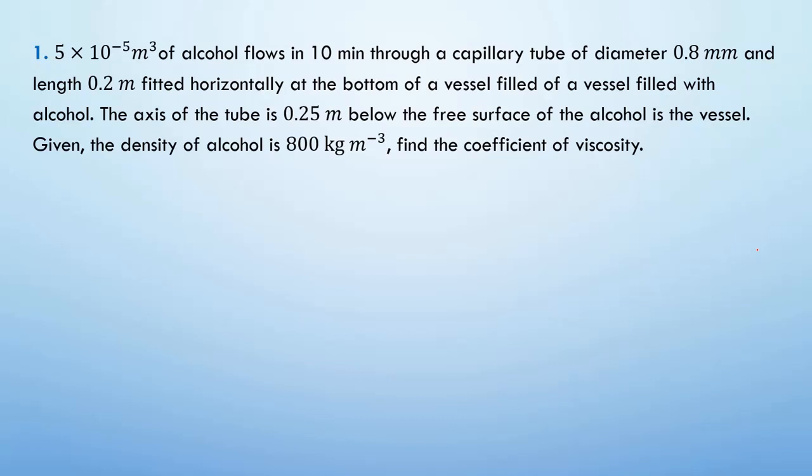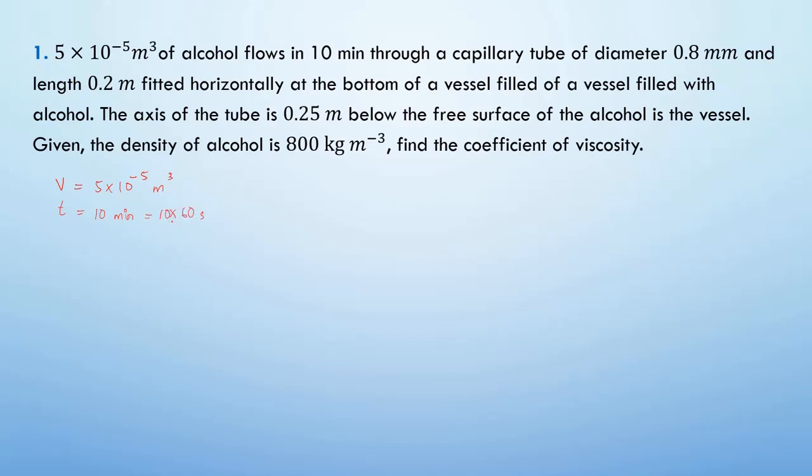So, what is the given information? We know that a volume of alcohol, say V, which is 5 into 10 to the power negative 5 meter cube, is flowing in a time t equal to 10 minutes, which is equal to 10 into 60 seconds.